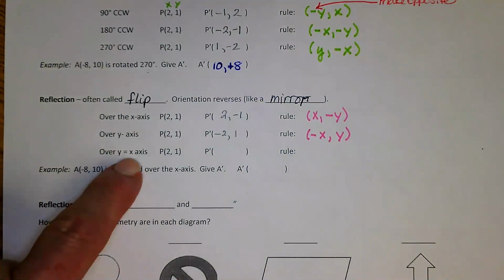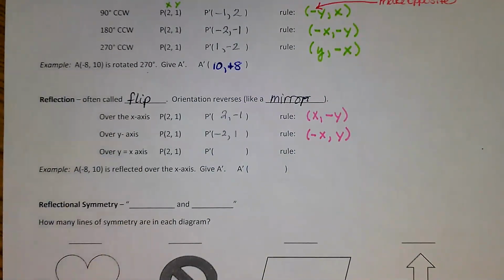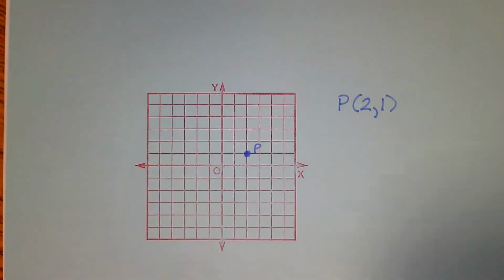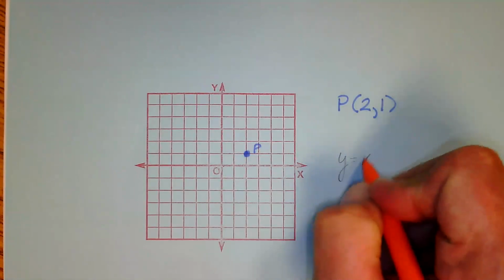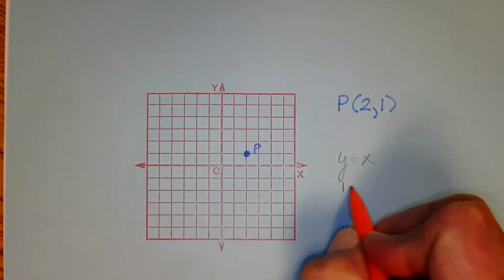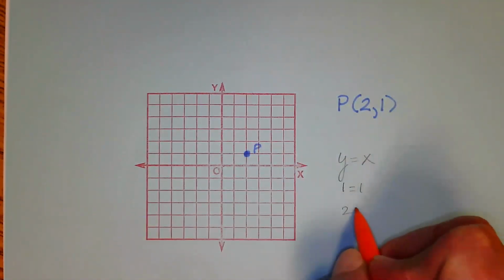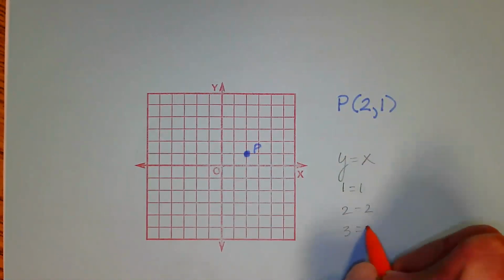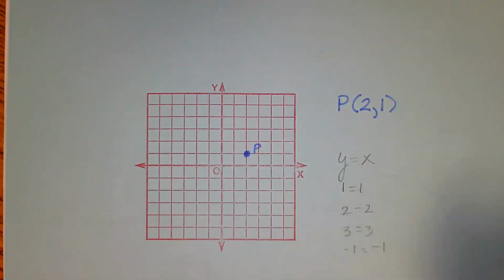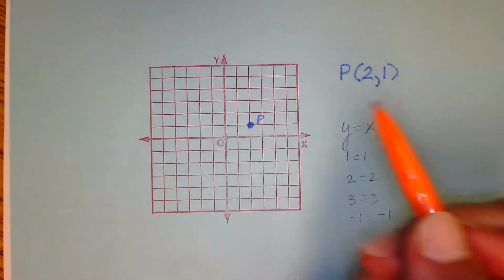Now, do you remember where this line is? I know it's been a while since you've had Algebra 1. The Y equals X line, right? If Y is 1, X is 1, 2, 2, 3, 3, -1, -1. You get the picture.